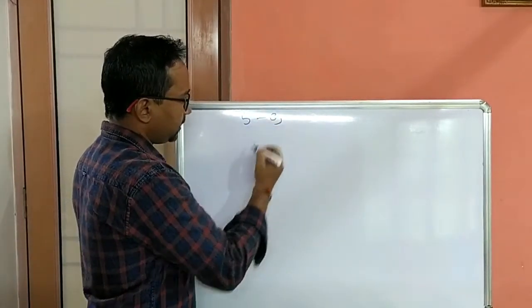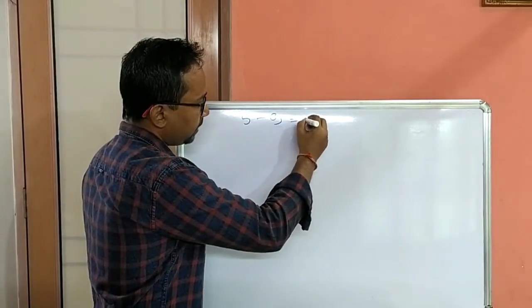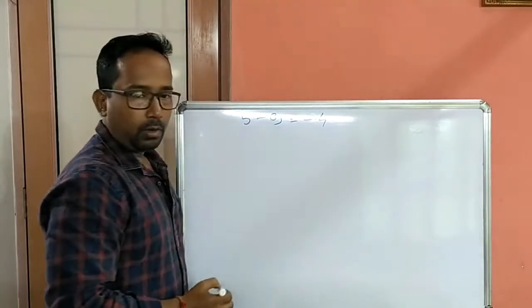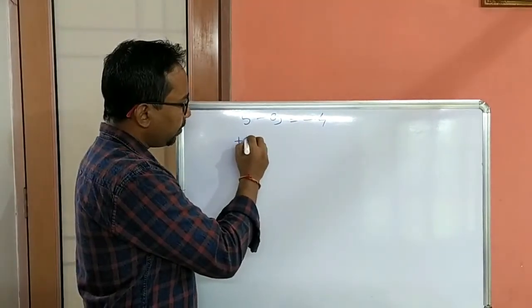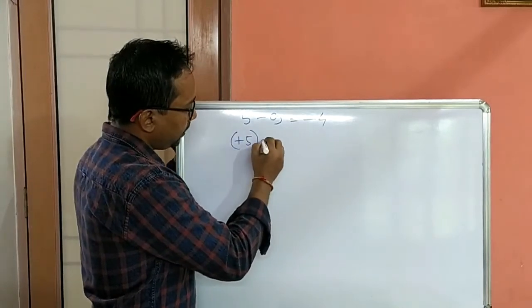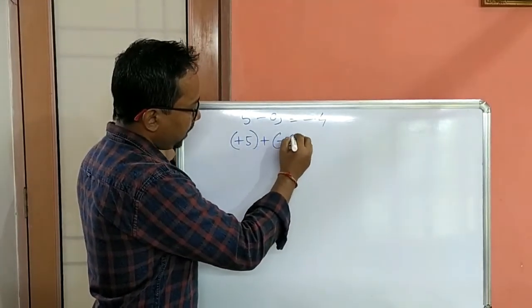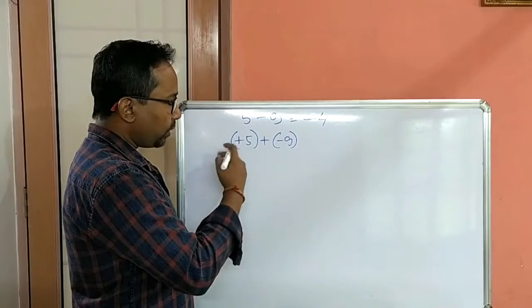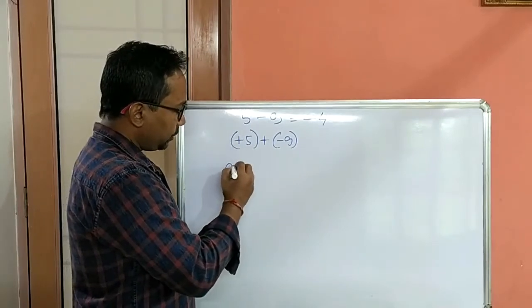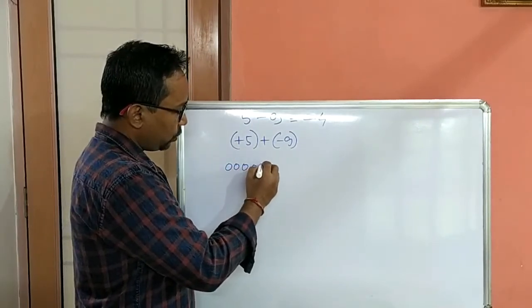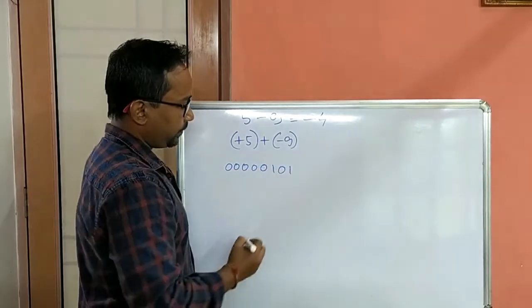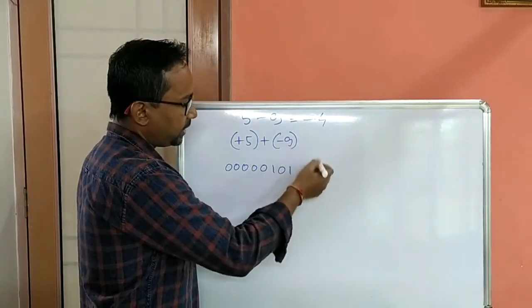Five minus 9. What do we get? Minus 4. So here this will be interpreted as plus 5 plus minus 9. Plus 5's binary equivalent in 8 bits is 00000101.